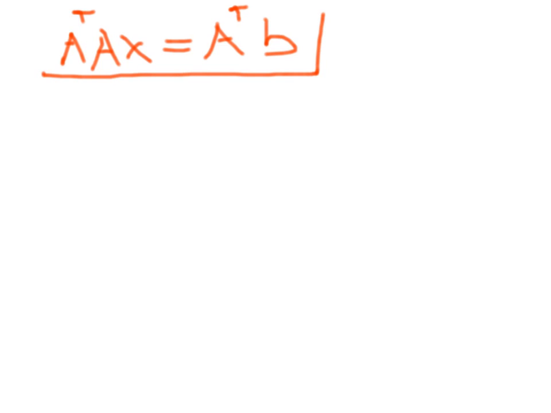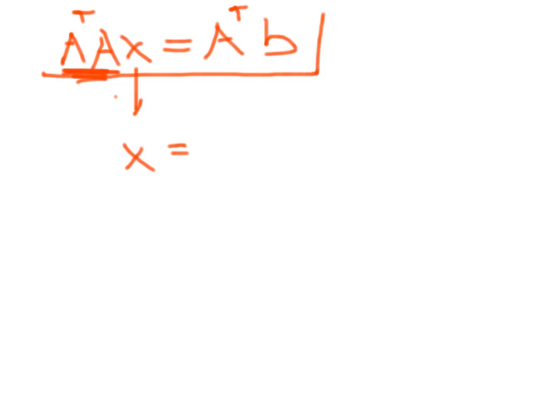So the normal equations are A^T A X equal to A^T B. These are the normal equations. Very good. Now, if you want to find X, because this is what you want to find, basically you have to get rid of this part.